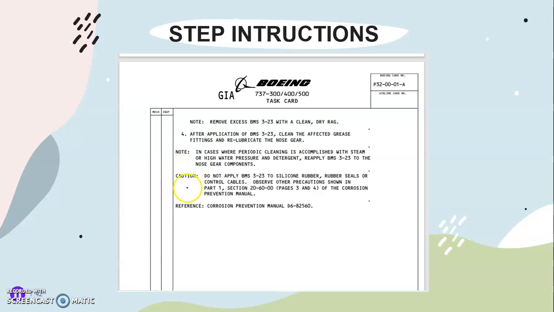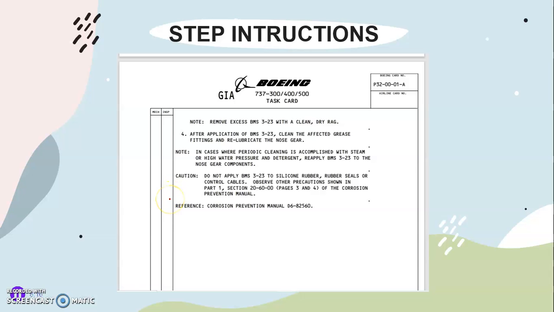And this caution is we don't apply BMS to silicone rubber, rubber seals, or control cables. Observe other precautions shown in Part 1, Section 20-60-00, page 3 and 4 of the Corrosion Prevention Manual.